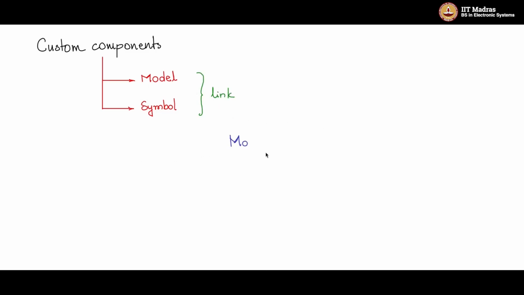So the way it will operate is that you have a model. This will be a subcircuit model that we will make, and place it in a text file with a .lib extension.